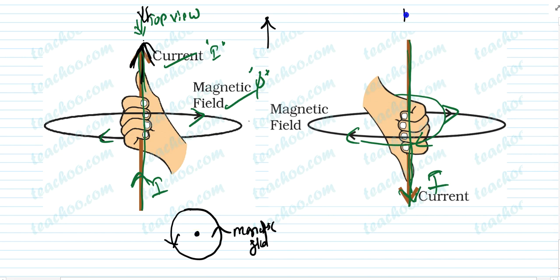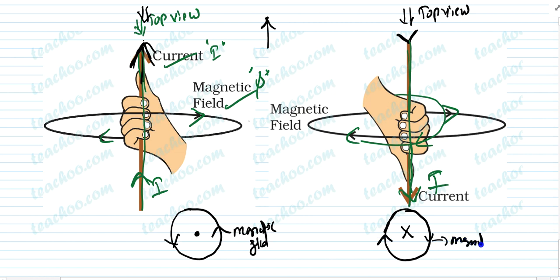Similarly, from the top view of this diagram, you can see the arrow's tail here. From the top view, this looks like a cross point, and the direction of the magnetic field is clockwise.